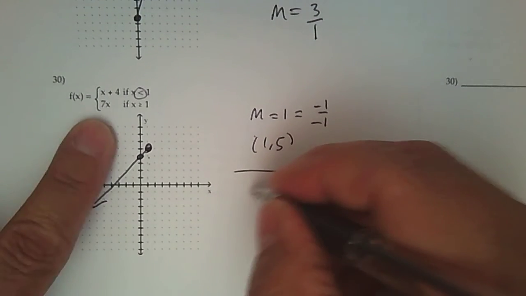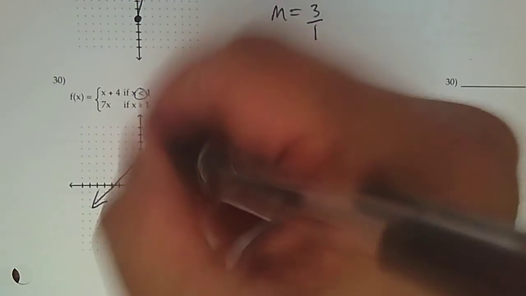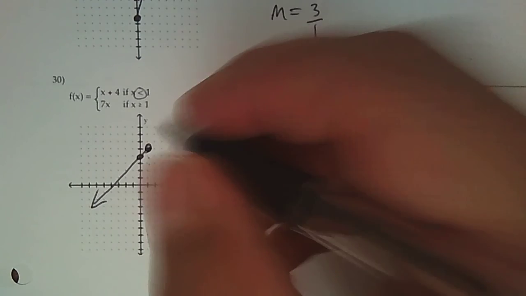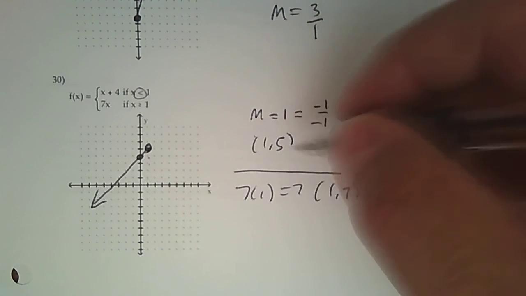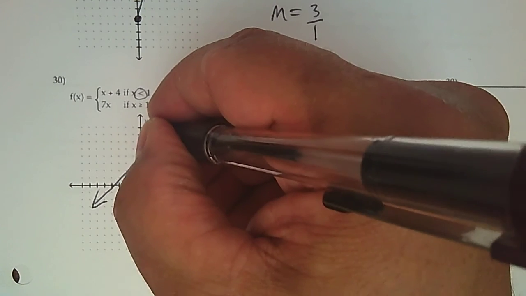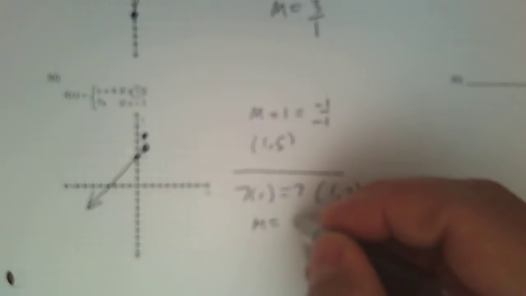Now the bottom piece, I'm going to plug in 1, and I get 7. 1, 7 is actually going to be on my graph. Did I count too much? 1, 5 is right. 1, 7. Here, this one's solid. And the slope there is 7.